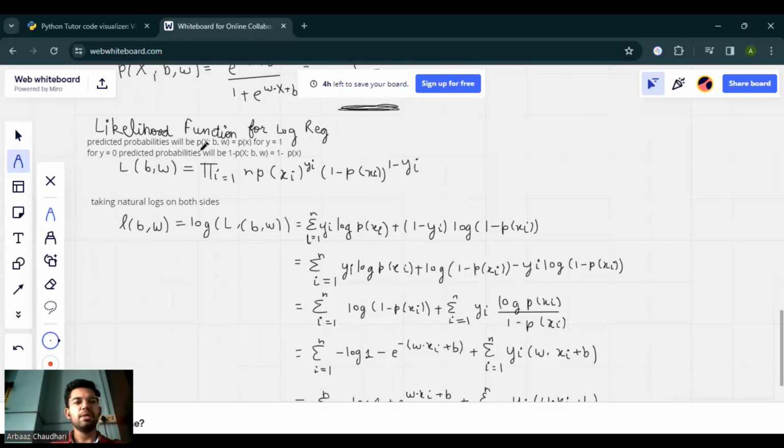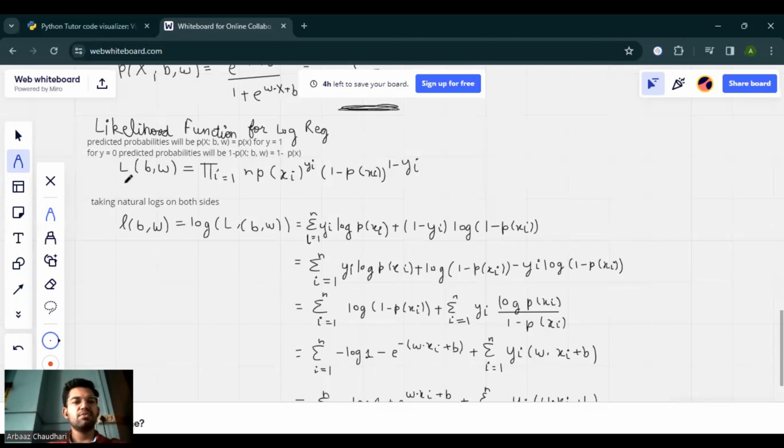Okay. Predicted probabilities will be probability of x with bias and weight, equal to p of x when y is equal to 1, and when y is equal to 0 it means 1 minus p. So we saw earlier that if we have the probability of class 1, we can easily find the probability of class 0 by subtracting it from 1, that is 1 minus the probability of class 1.